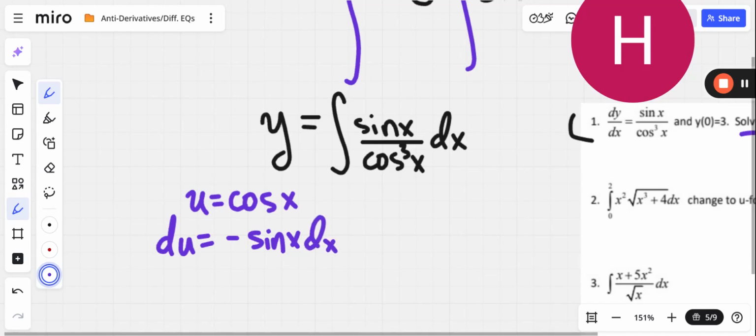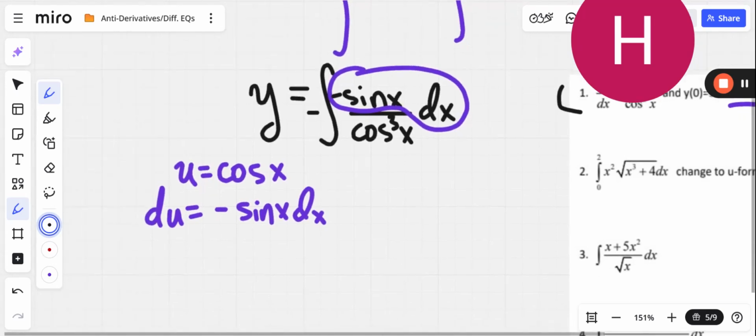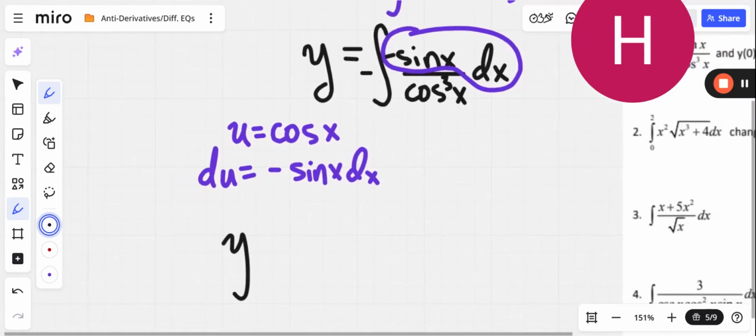Negative sine x dx, that's almost there. So we can counterbalance this by putting a negative and putting a negative. It counterbalances the value of the integral because a negative doesn't change the value, but we've included a negative that way we can smoothly replace negative sine x dx with du.